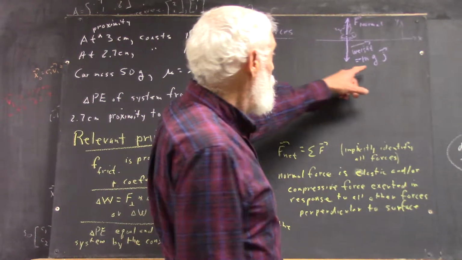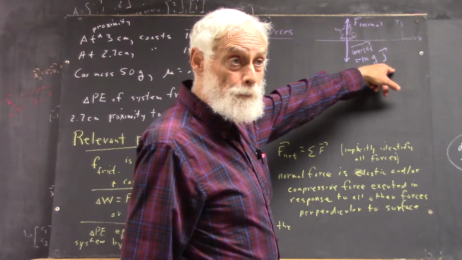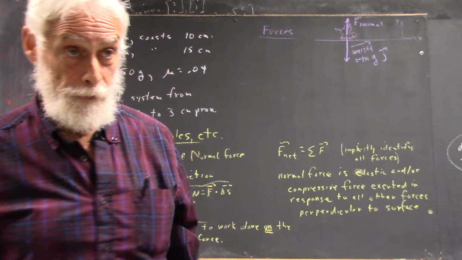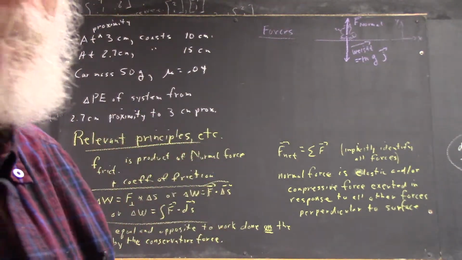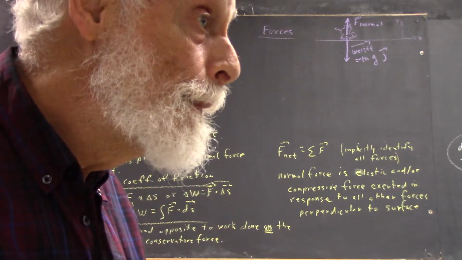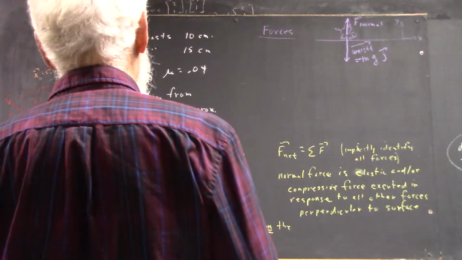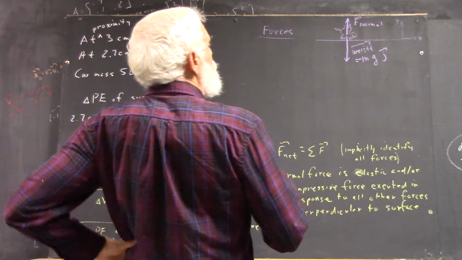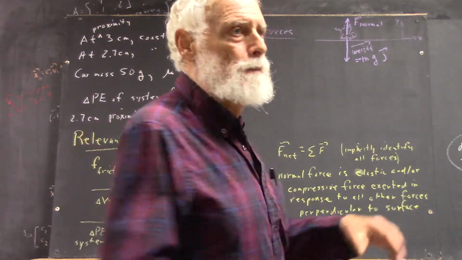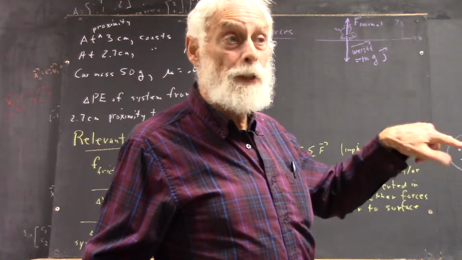Okay, so you got the weight, and we can say that about the weight, right? What other force do we have? The force of friction. Frictional force, right? Okay, so we have the frictional force. Now, we're going to also assume motion in the positive x direction.